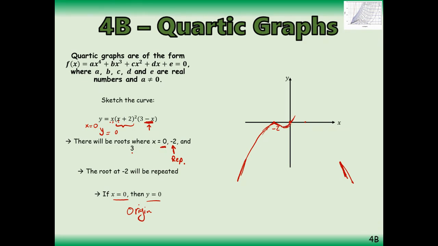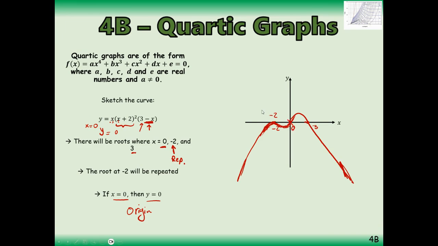It counts as the y-intercept and the root. And at 3 you will have to cross again because this root is not repeated. You will cross this line and bam, flies away. So this point is 3, this point is 0, and this point has x value minus 2. Make sure your bounciness is clear. It bounces off the x-axis.